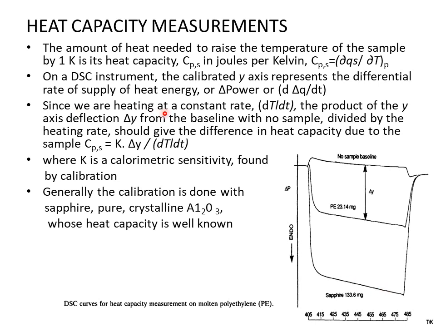Since we are heating at a constant rate, the product of the y-axis deflection, delta y, which is measured from the sample baseline to the no sample baseline, divided by the heating rate dT by dt, should give the difference in heat capacity due to the sample, given by this relationship, where K is the calorimetric sensitivity, which can be found by calibration of the instrument.